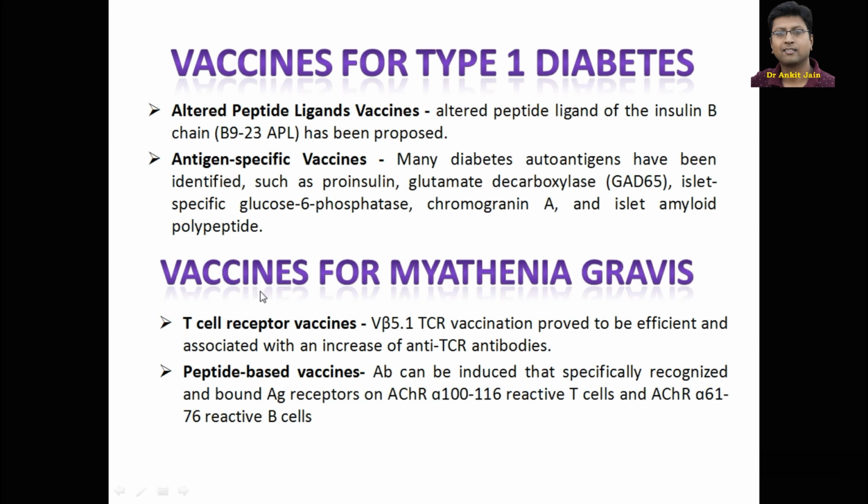Now next, the vaccine for myasthenia gravis. The TCR receptor based vaccine is to be given, like the variable beta 5.1 TCR vaccine, and the peptide based vaccine.